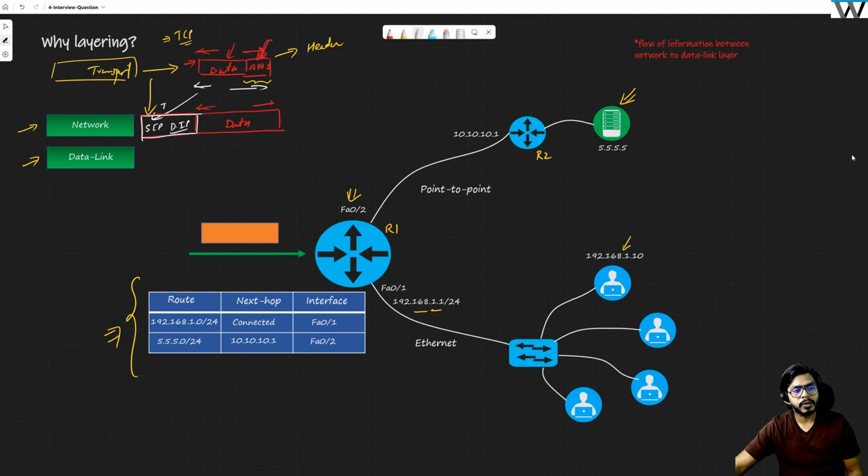Specifically I'm talking about IP because most of us have seen only IP at the network layer, but that is not the case. When these protocols were in the development phase, there was more than one protocol that was part of the network layer, like AppleTalk and IPX. There are many protocols like that, but nowadays we see only IP because IP is the dominant protocol, right?